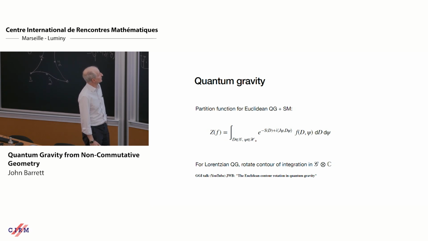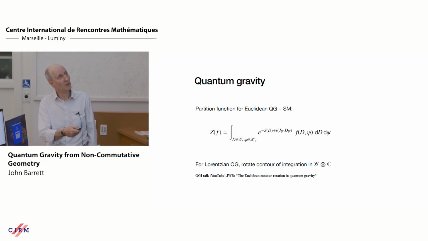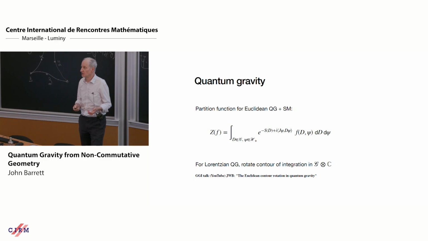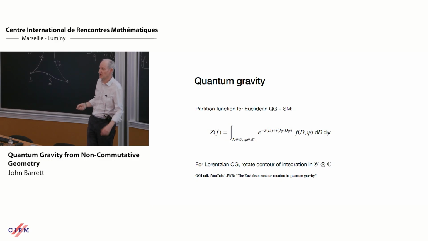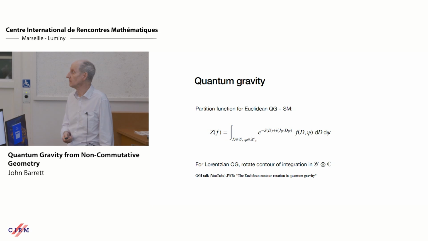Okay, so quantum gravity. Here's what we want to do. We want to calculate a partition function by integrating over spectral triple data. D is the Dirac operator, and it turns out for finite spectral triples, these live in a vector space. All the constraints on the Dirac operator are linear, so there's a vector space of Dirac operators, and we integrate over this vector space.